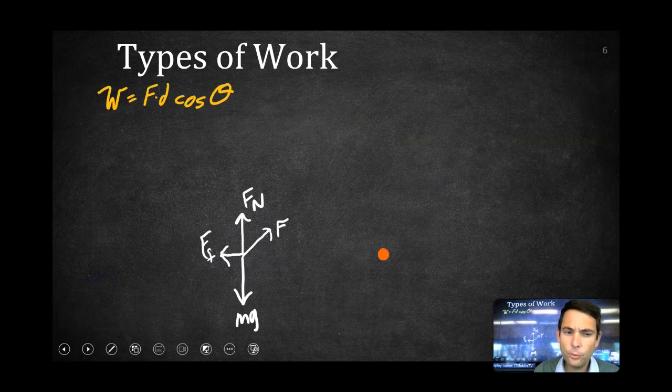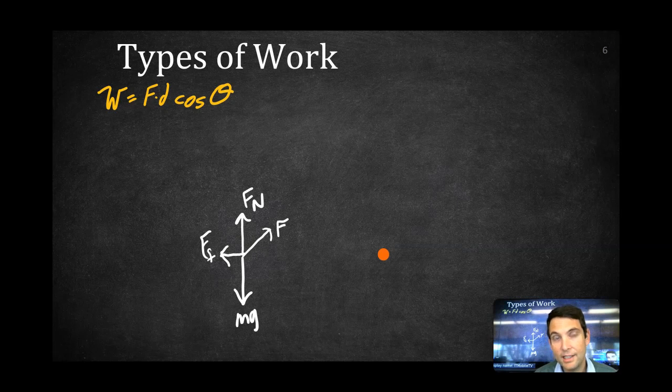If force is acting in the same direction as our displacement, then the angle between those two vectors is 0. Cosine of 0 is 1. So that would be the maximum work done by that force. Meanwhile, if the frictional force is acting in the opposite direction of displacement, then the angle between your displacement to the right and the frictional force to the left is going to be 180 degrees.